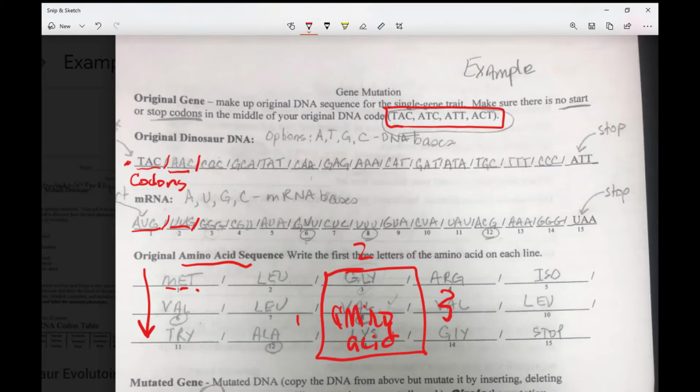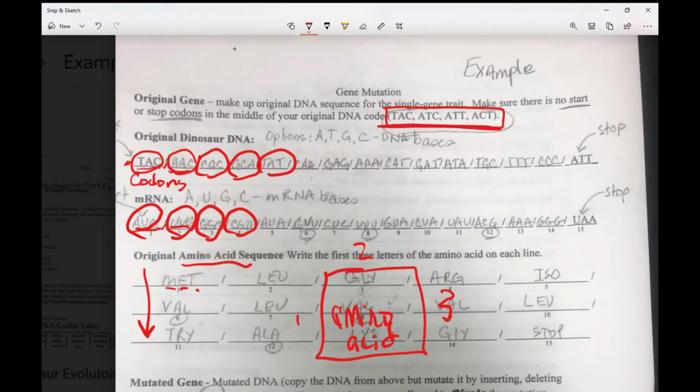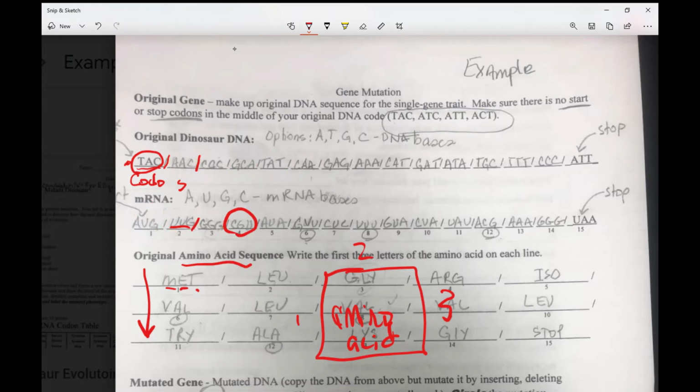Now, let's go back up here. Each one of these spaces should have 3 letters in each one. These are the codes that you cannot use because they mean start and stop. They have given you the start and stops, so that's why you don't have to add them within your code.